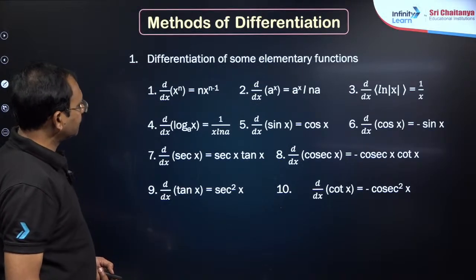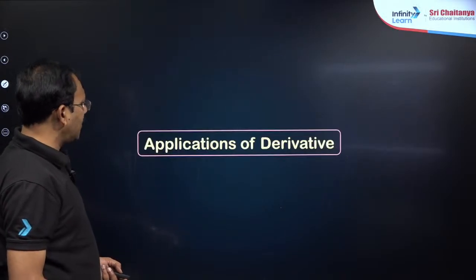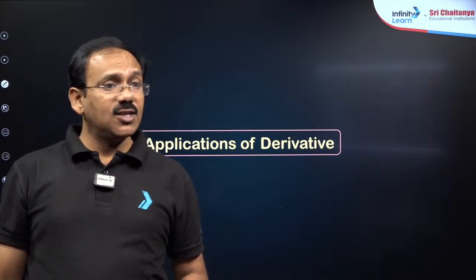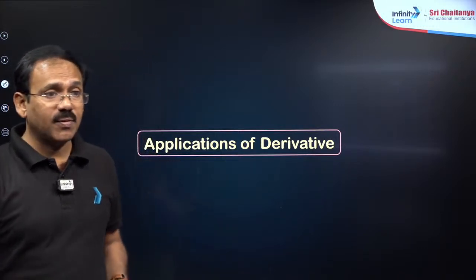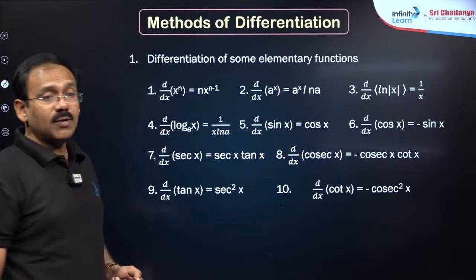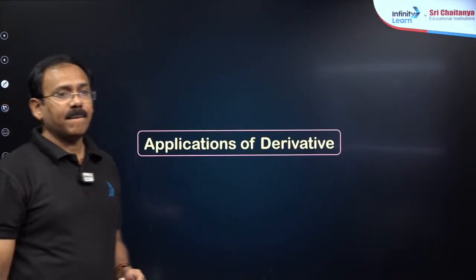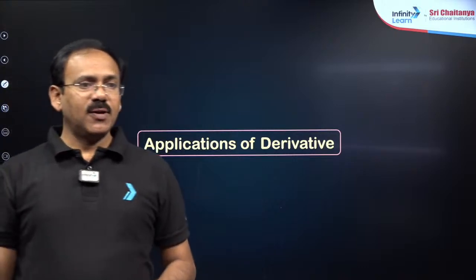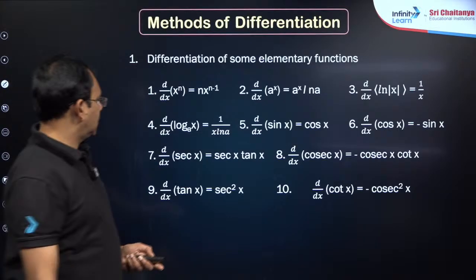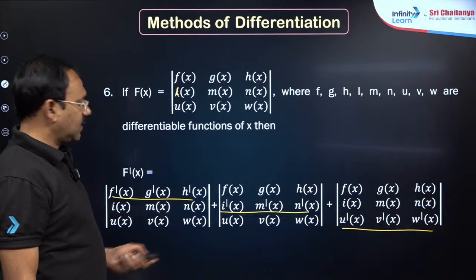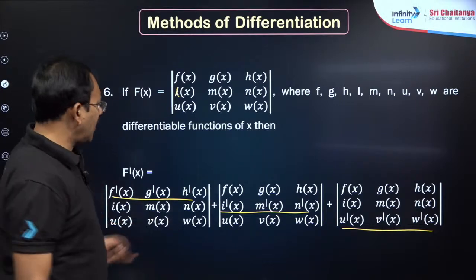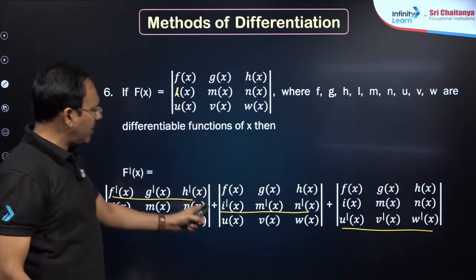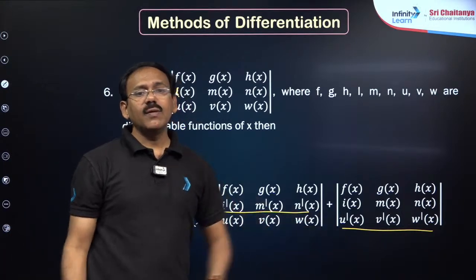The next, these things we have already written. So, applications of derivatives, my dear friends. Is there any shortcut for these problems? Generally, he will give numbers in 2 rows, so that the derivative of those rows becomes 0, and 2 of the determinants will become 0.